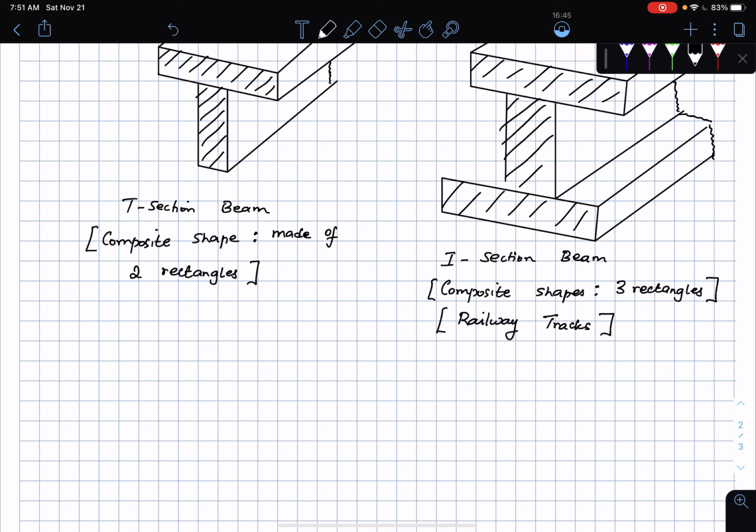One of the main examples of a beam that I can think of, because there used to be a railway track next to my home when I was living in India, so I used to keep looking at these beams, and they had these funny shapes, and I was always thinking, why are they designed this way? And then I came to know they're good at carrying bending stresses, as I went more into mechanics, as you'll be seeing in mechanics of materials.